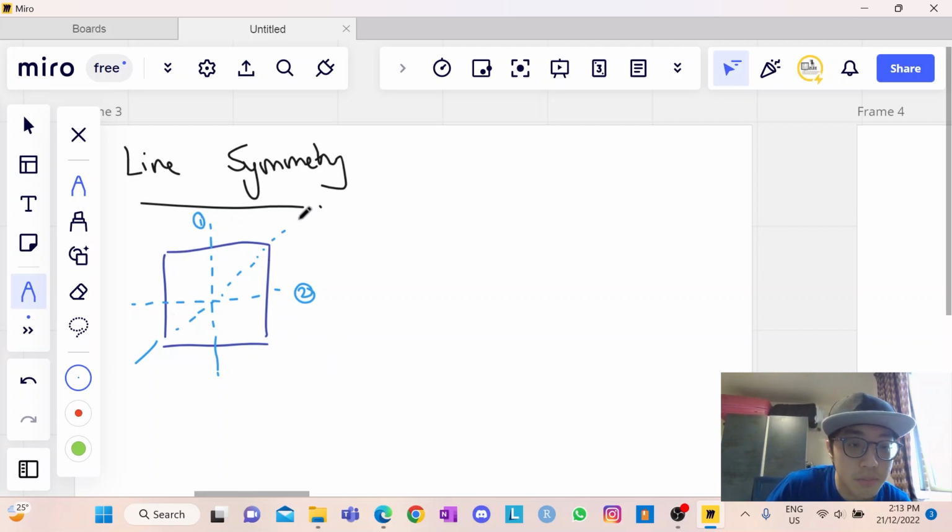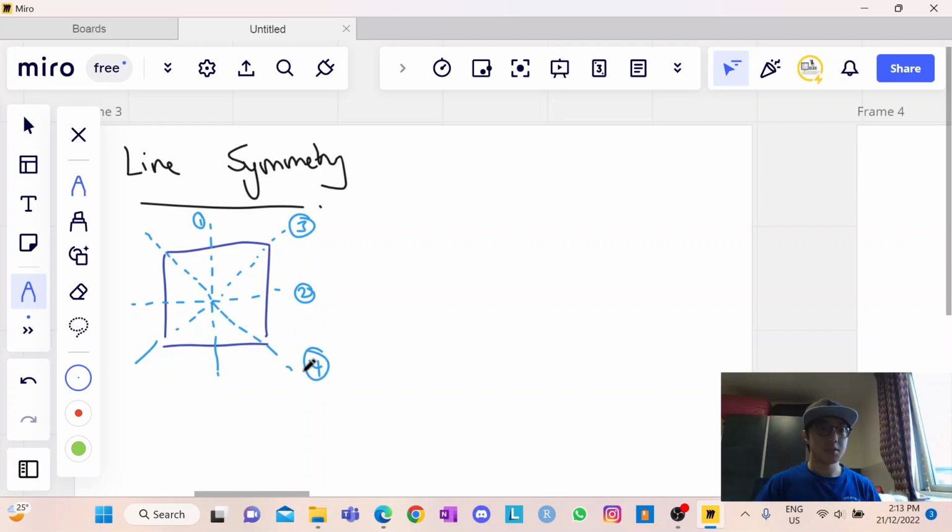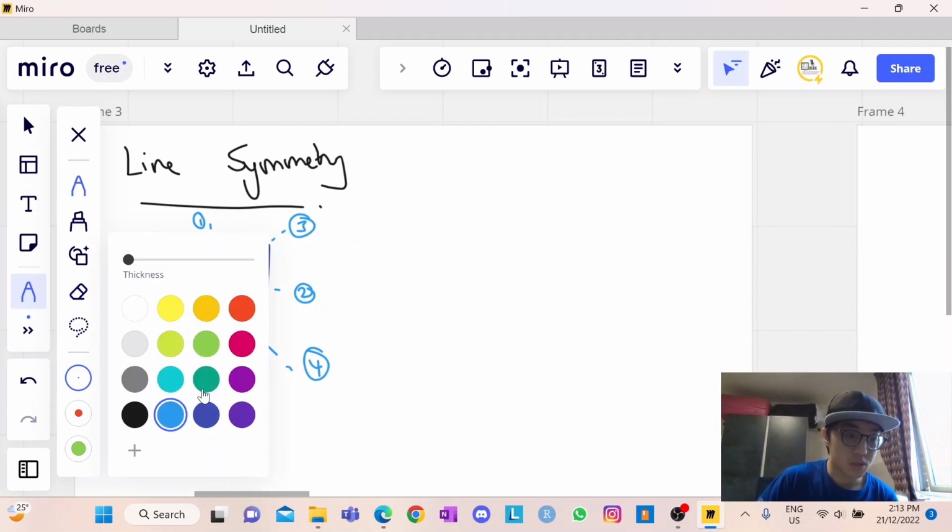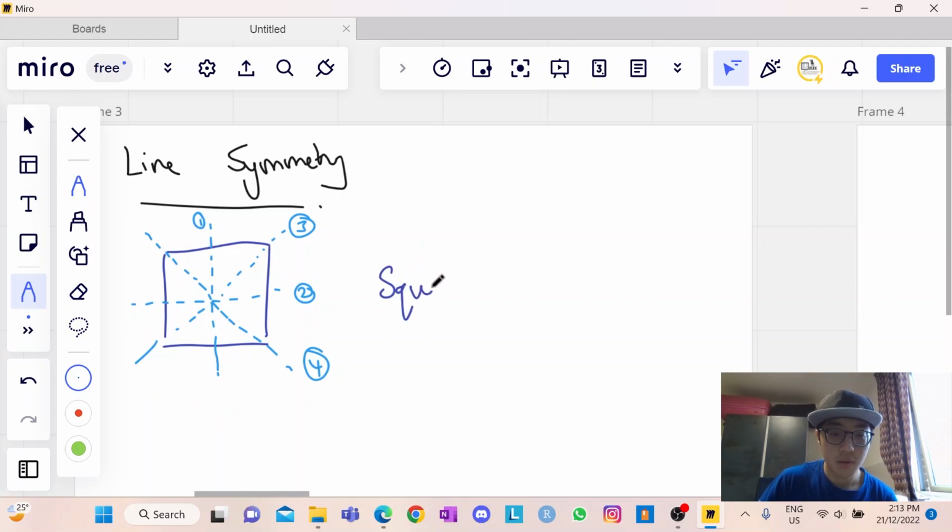Therefore, this is another line symmetry. And last but not least, as you could have guessed, is this diagonal right here, which gives you the last line symmetry. Therefore, a square has 4 line symmetry.